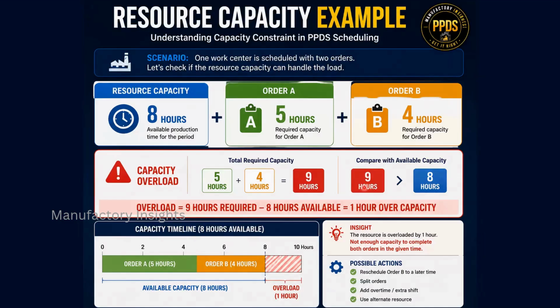Since only 8 hours are available, the resource becomes overloaded. This is exactly the type of situation PPDS scheduling helps identify. Instead of ignoring the constraint, PPDS highlights the overload and allows planners to take corrective actions.